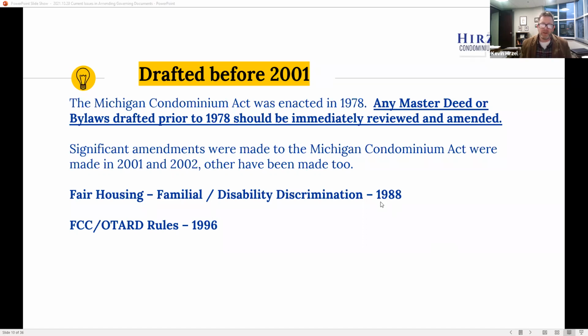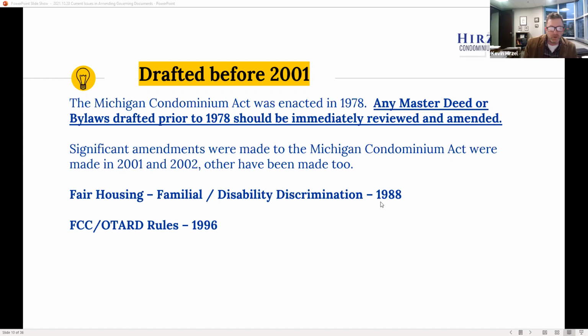In essence, one of the main reasons to do it is, yes, there are changes in the law, and a couple of those are here. OTARD rules deal with over-the-air reception devices, basically FCC rules regarding the use of satellite dishes, but also the society that we have today in 2021, soon to be 2022, is not the society that we had back in 2001.